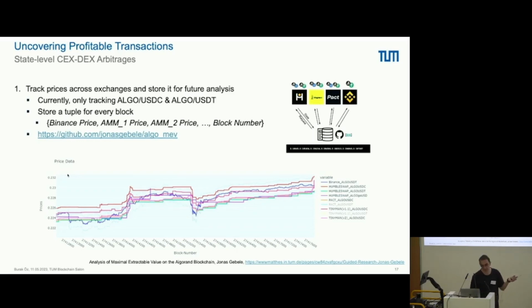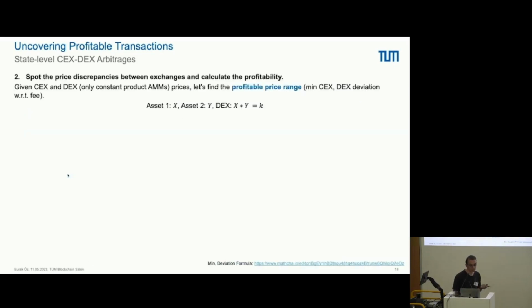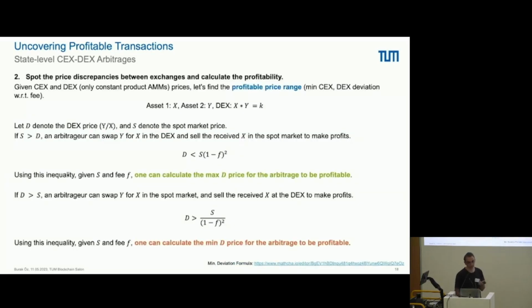We also compared it with a spot market price like Binance, and we see that people are actually doing the arbitrage. So this hints that there is actually MEV activity going on Algorand. We also developed a formula to see, given a spot price, what the DEX price should be so that there is profitability with respect to the fee of that DEX. You can see the derivation of that formula in that link.